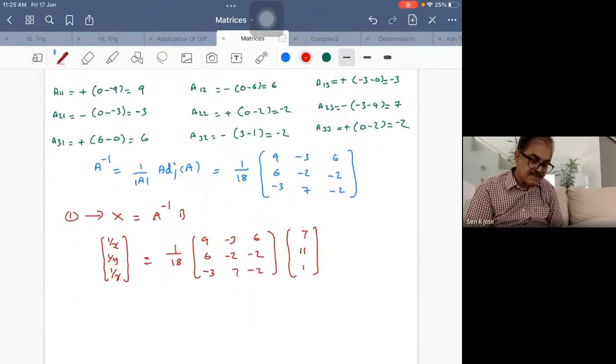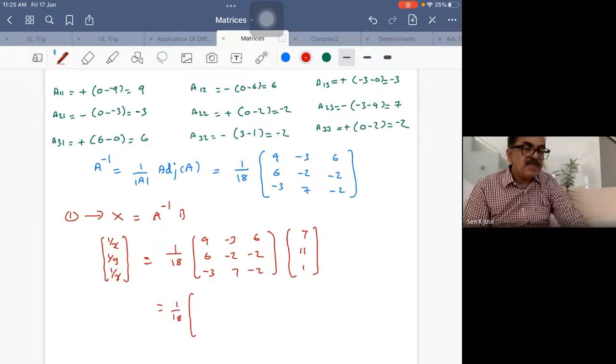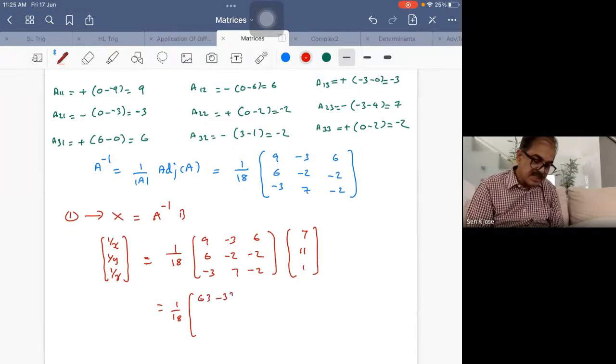Multiply 1 by 18, 9 into 7, 63 minus 33 plus 6.